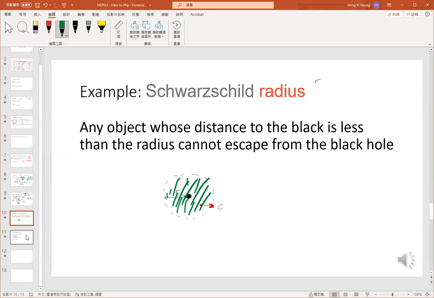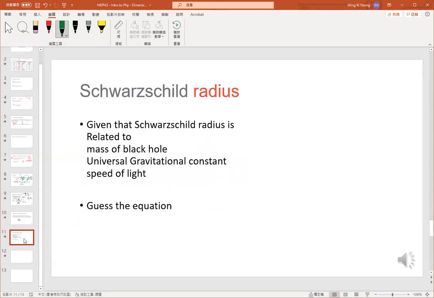So first of all, how can we guess the formula for this radius? You need to think about the factors or the quantities that the radius depends on. I give them here. It may depend on the mass of the black hole.